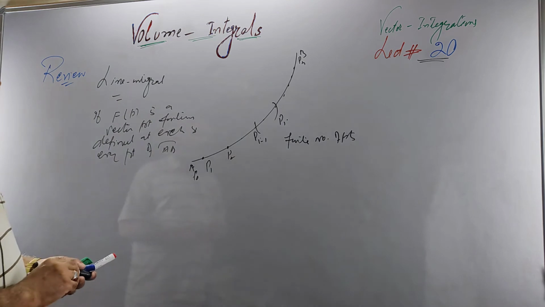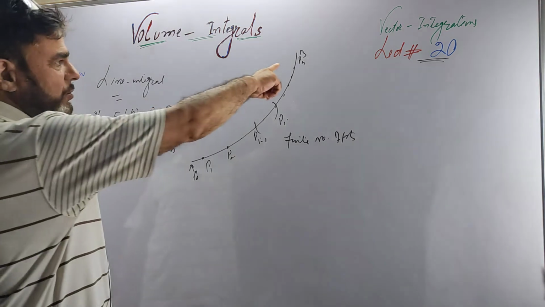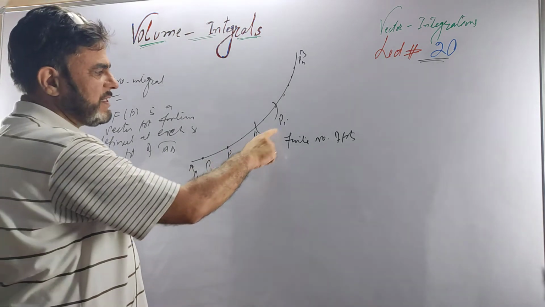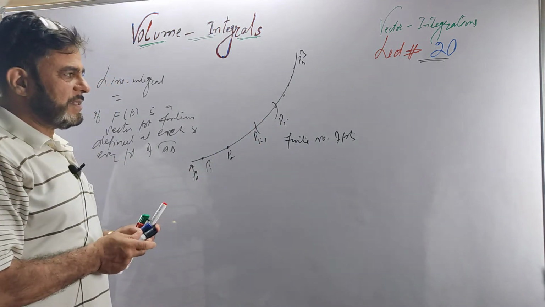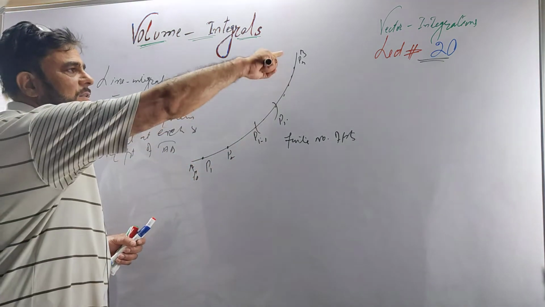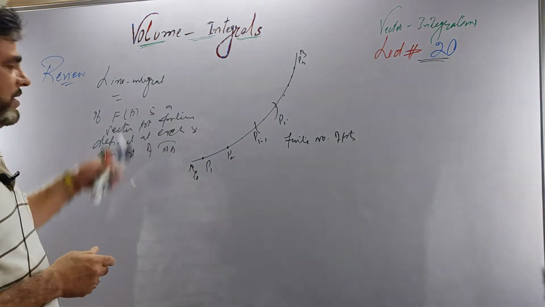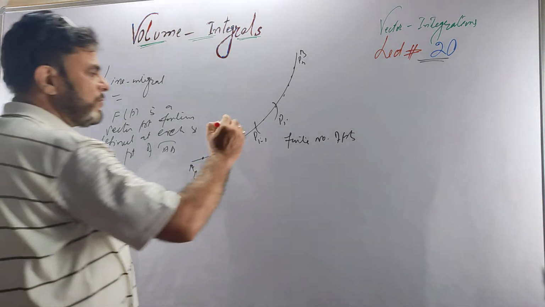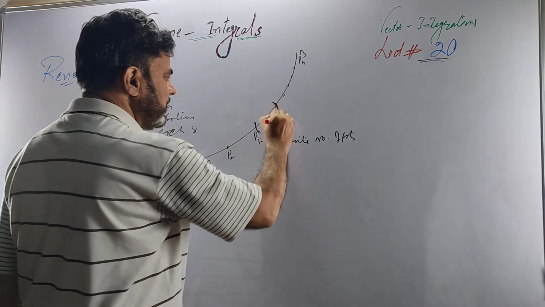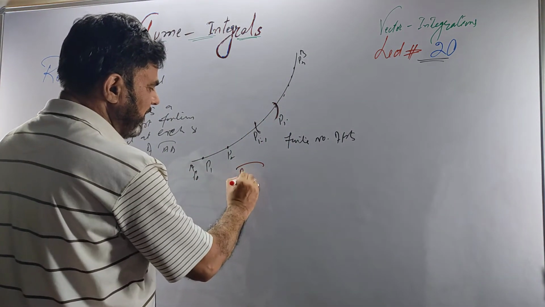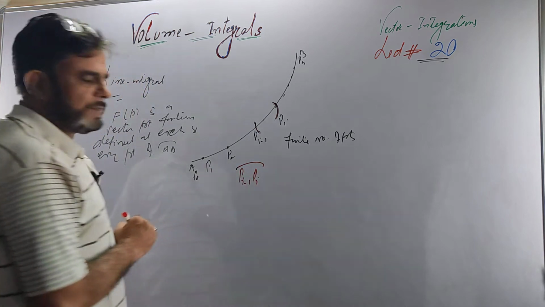Okay, we divide this curve into a finite number of points P0, P1, P2, P(i-1), Pi. Since it is a continuous curve, our vector point function is continuously defined on this curve. We took this part of the curve, this is the arc P(i-1) Pi.